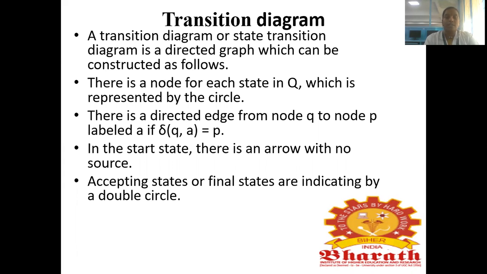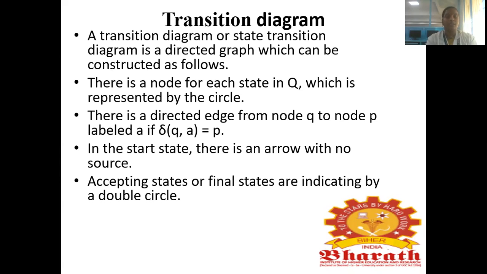So all the states of Q are represented by circles. Next, there is a directed edge from one node to another node labeled q comma a equal to p. So the directed edge goes from the starting state to the ending state p.